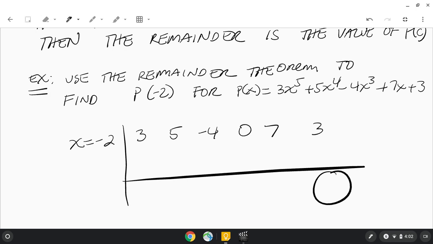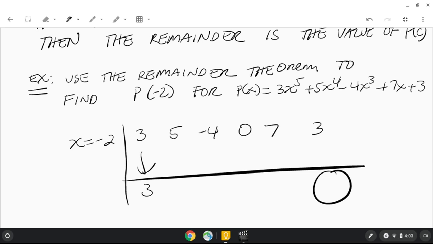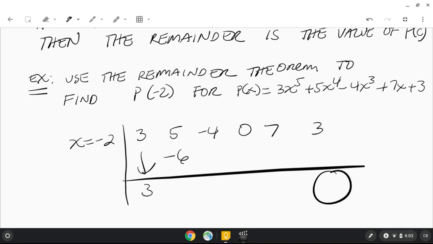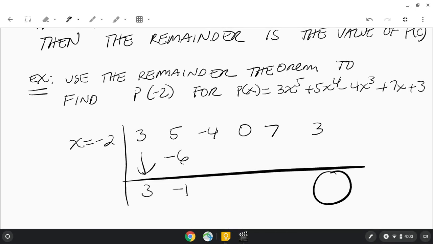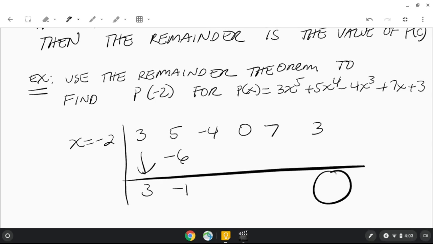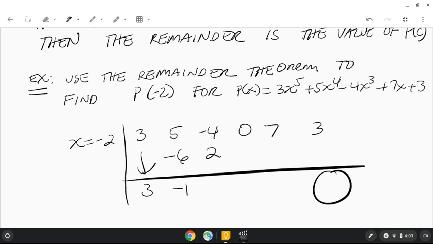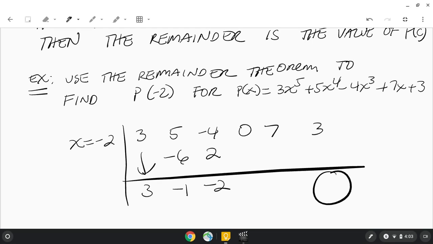Okay, all right, so bring this down. And then multiply. 3 times -2 is -6. And then combine. 5 and -6 is -1. And then multiply again. -1 times -2 is +2. And then combine. -4 and +2 is -2. And then multiply. -2 times -2 is 4.